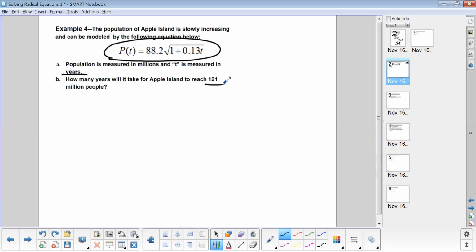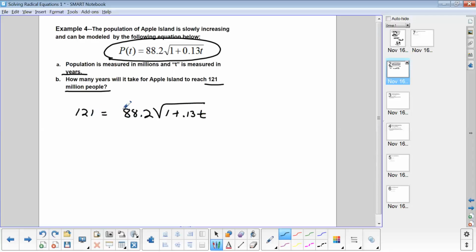And I want to know how many years it will take to reach 121 million. So 121 million is my goal. The function is 88.2 million times the radical of 1 plus 1/300 t. And I want to figure out approximately how long it will take to reach that 121 million.